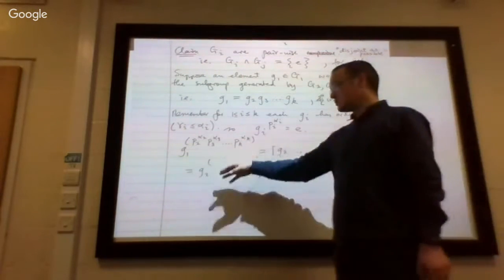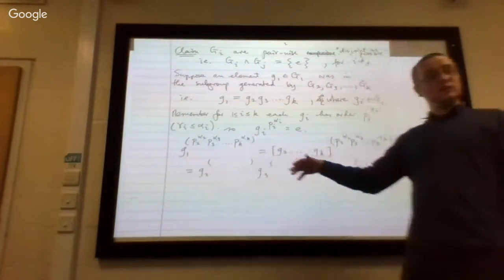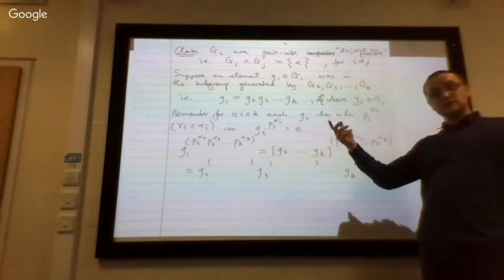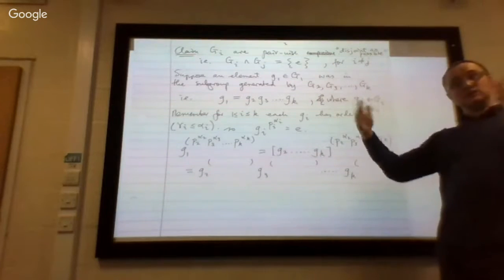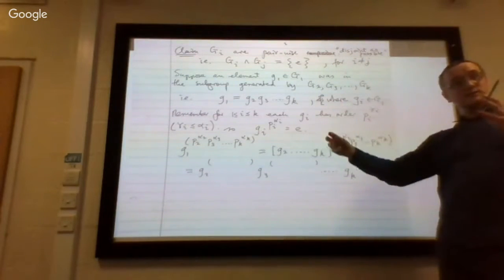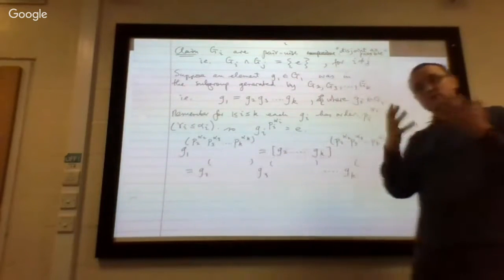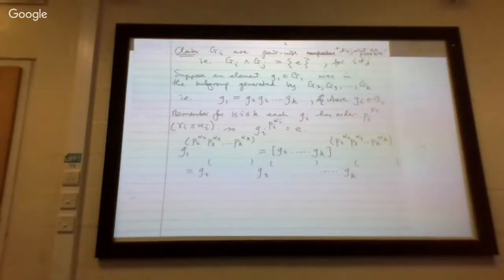When you raise an element to a power that is a multiple of its order, you get the identity. Raising it to its order gives the identity, and continuing to multiply that identity with itself is what you do when the exponent is a multiple of the order. You're just multiplying the identity by the identity loads of times. So it is just the identity.